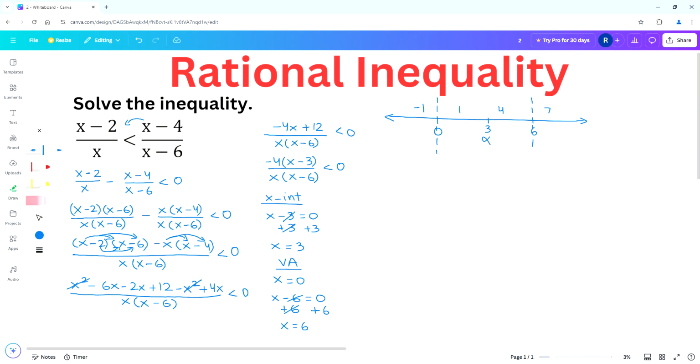Now we can start using the test values. Let's start from the left side. We should sub in x as -1 in this rational expression.